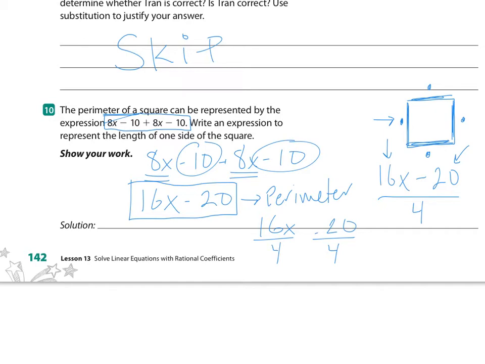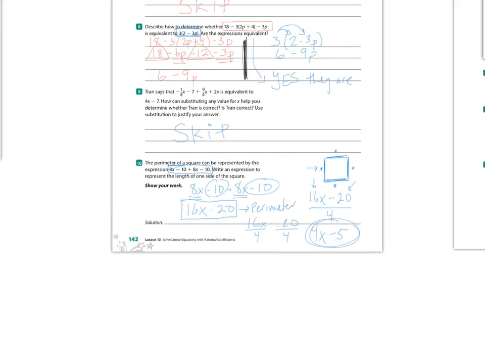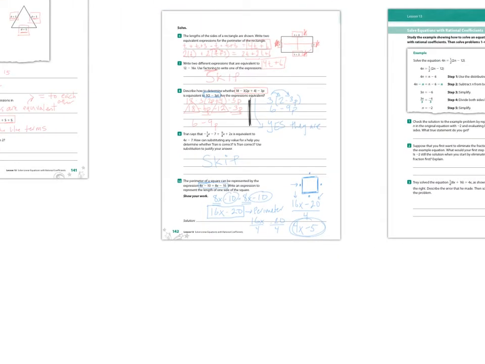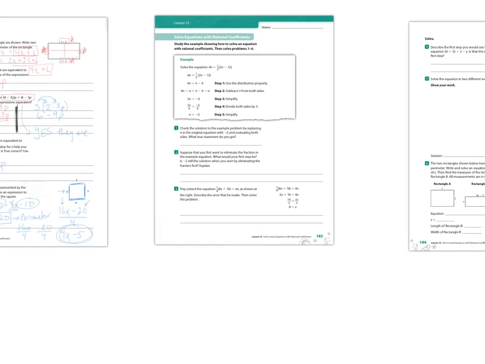So this turns into 4x, and 20 divided by 4 is 5, well, it's going to be a negative 5. So there is the expression for one of the sides of our square. Again, we have to combine a little bit of our geometry knowledge about squares to go along with that.